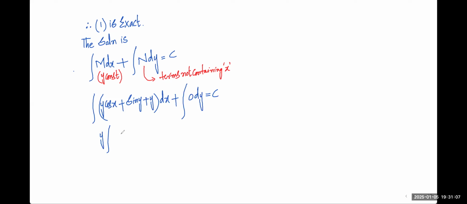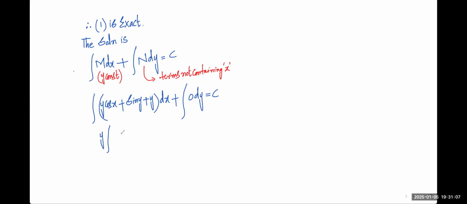Question number 4: solve (ax plus hy plus g) times dx plus (hx plus by plus f) times dy is equal to 0.